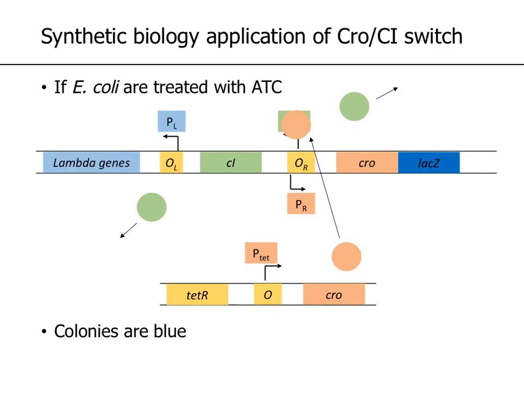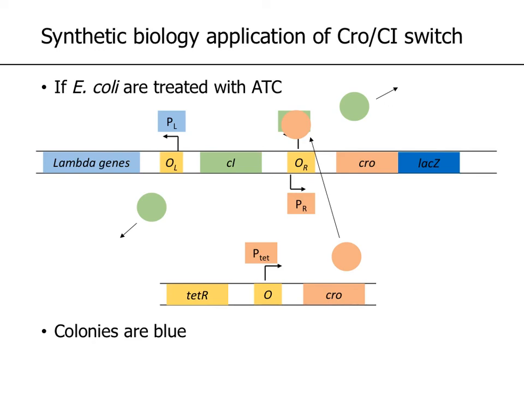But now, all right, what happens now? We have these E. coli, we have this switch integrated into its genome. We also have the trigger element in there, right? Now when you add ATC to it, CRO is being made from here, and this is going to block the promoter that's making the C1, and so eventually your concentration of C1 is going to decrease.